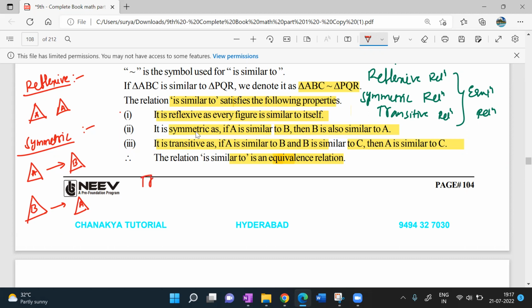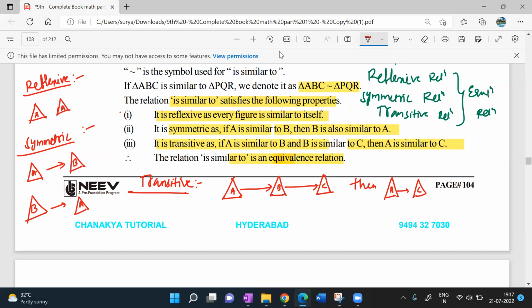Next, transitive. This is A, this is B, this is C. If A is similar to B and B is similar to C, then A must be similar to C. Then only we call that transitive.